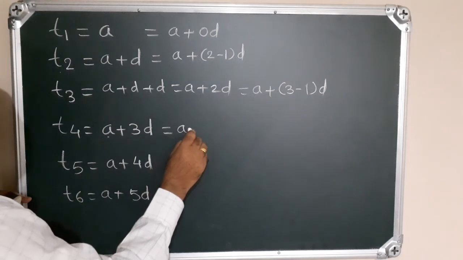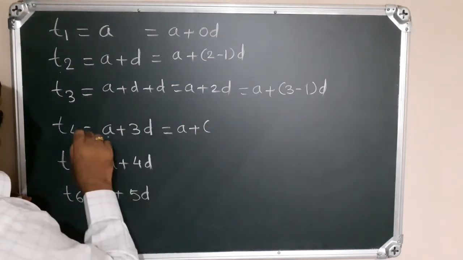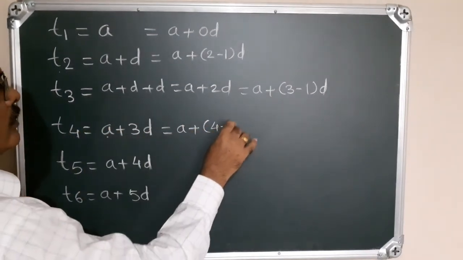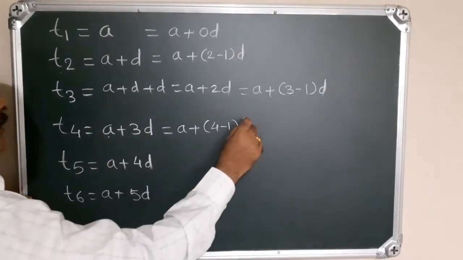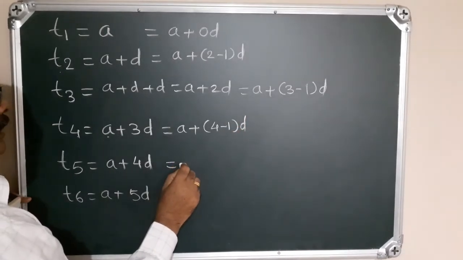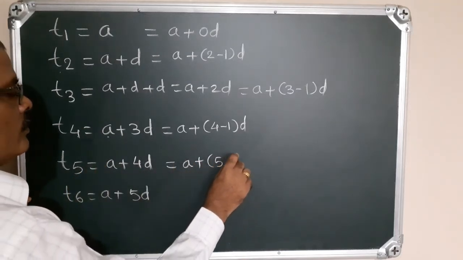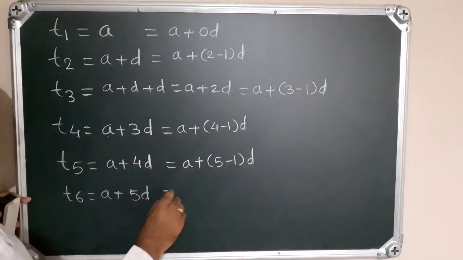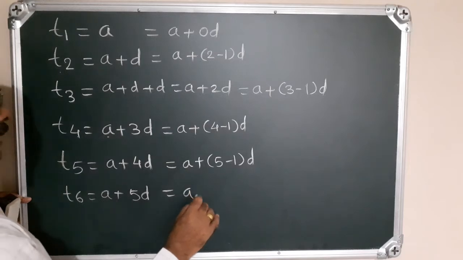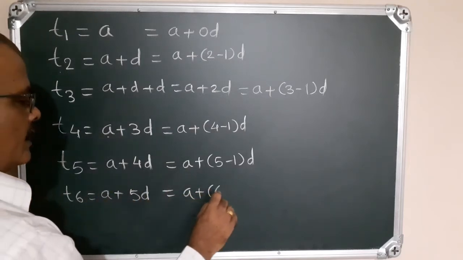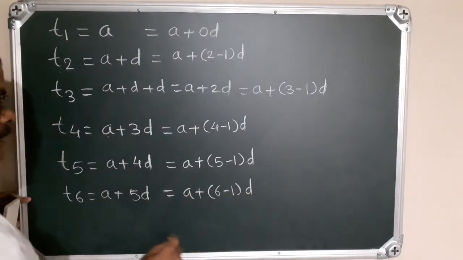T4 is a plus 4 minus 1 into d. T5 is a plus 5 minus 1 into d. And T6 can be written as a plus 6 minus 1 into d.